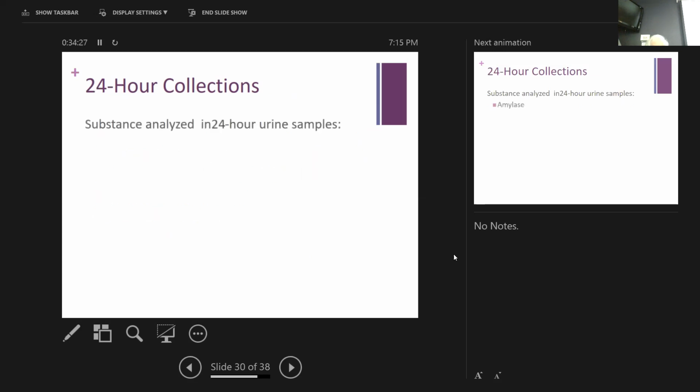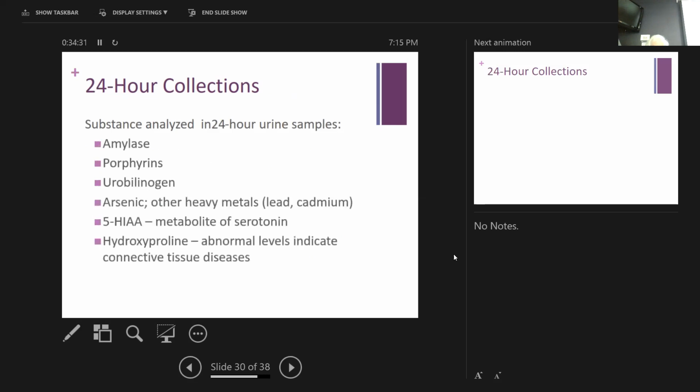Okay. So we look at a number of different metabolites and substances here. We'll get into what these things do.